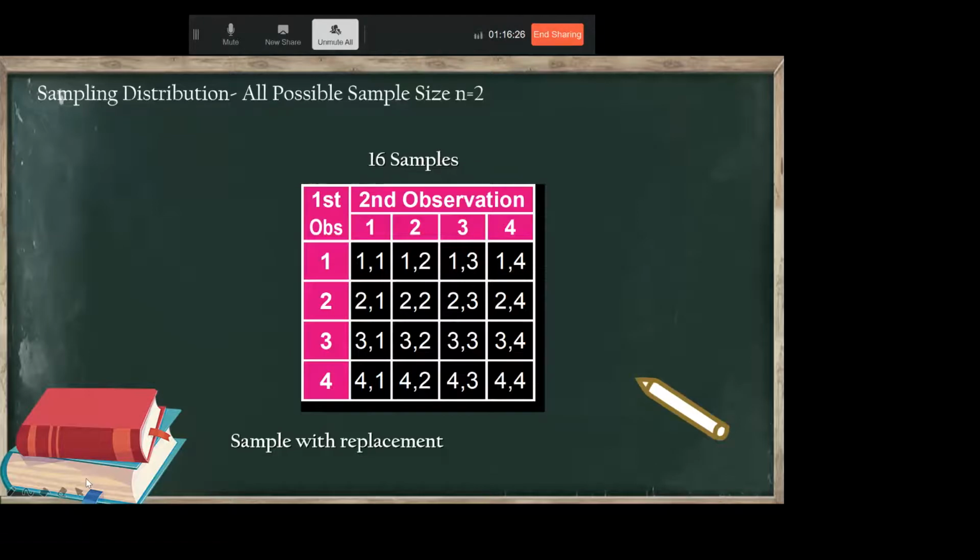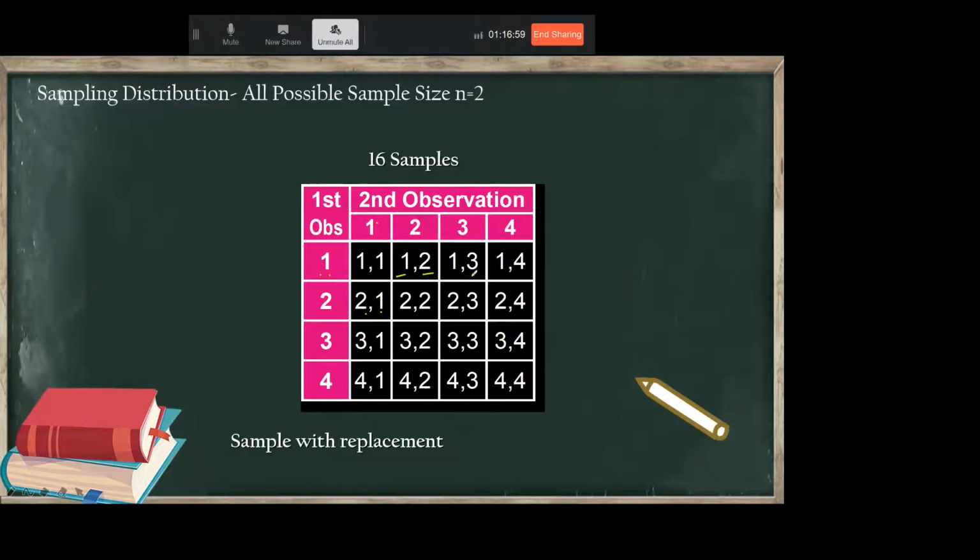So this is the number of errors. There are four people. When I pick the first person, he's making one error, the second person is also making one error. Then there is a possibility that the first person makes two errors and the second person makes only one error. Or the first person makes one error and the second person makes two errors. Then the first person makes one error and the second person makes three errors. So there are total 16 ways these two people can make different kinds of errors, right?